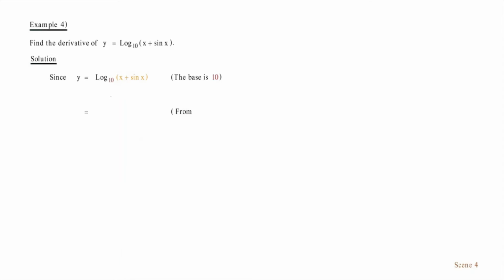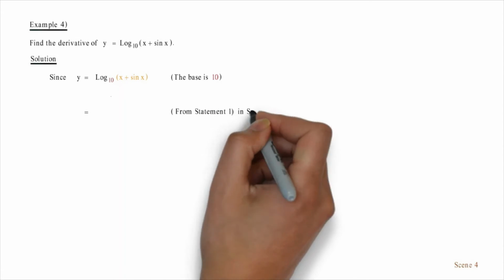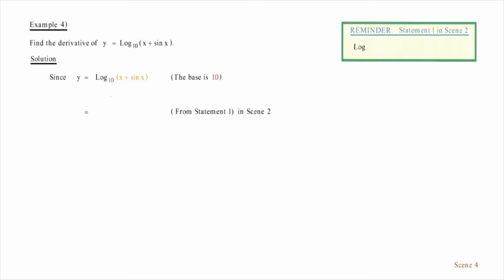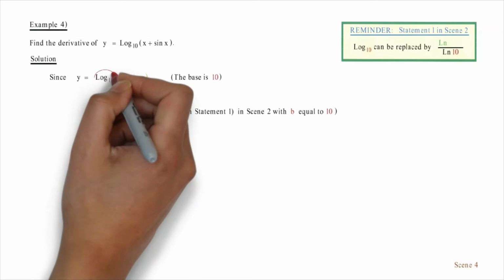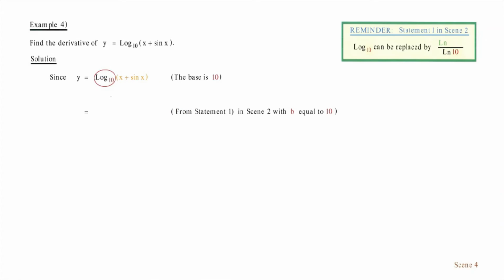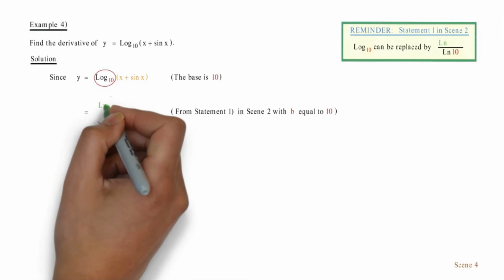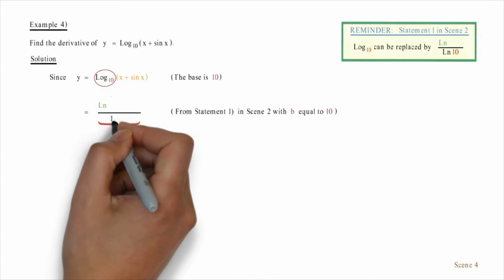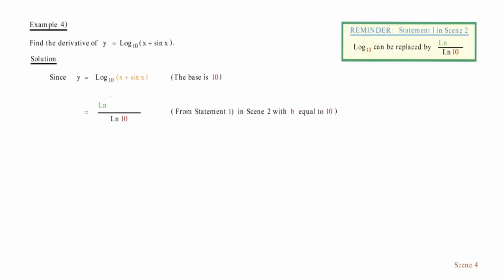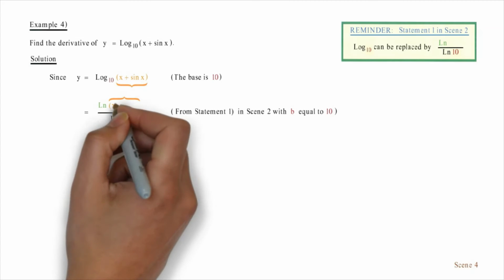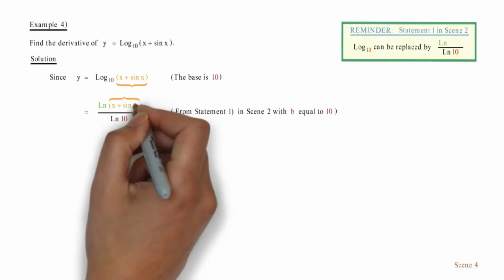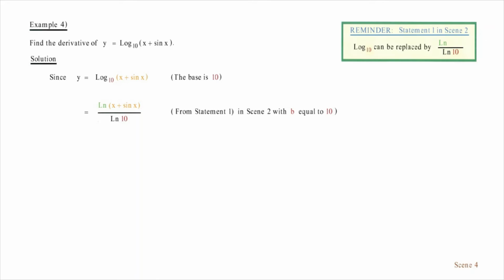From statement 1 in scene 2, with b equal to 10, log base 10 can be replaced by ln divided by ln of 10, then bring down x plus sine of x, which is the argument of ln.